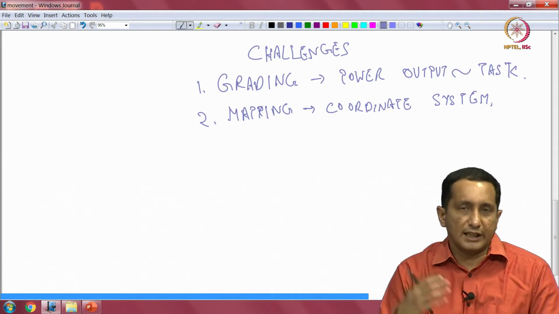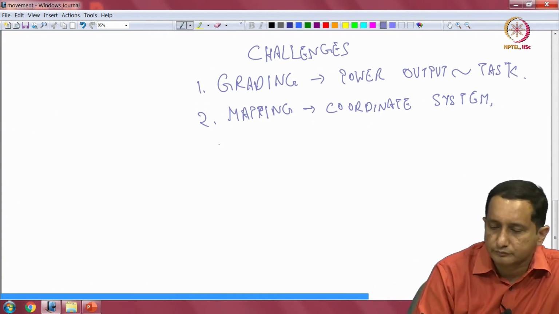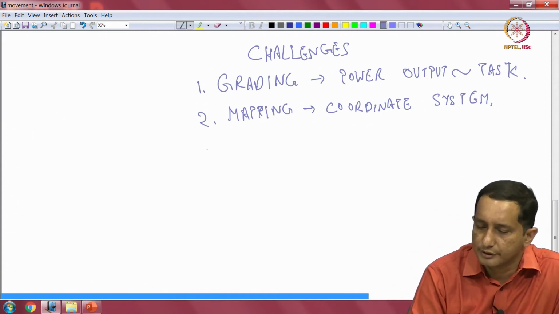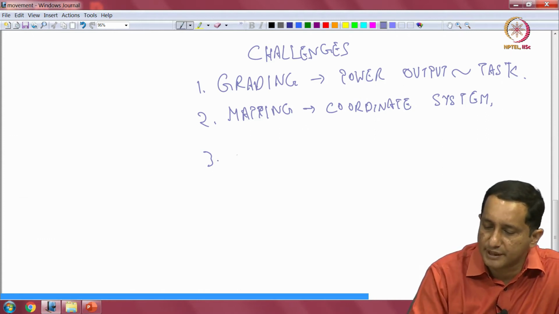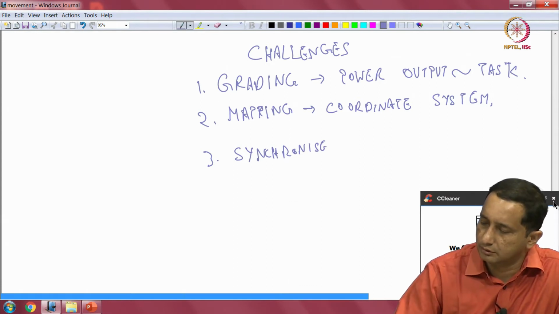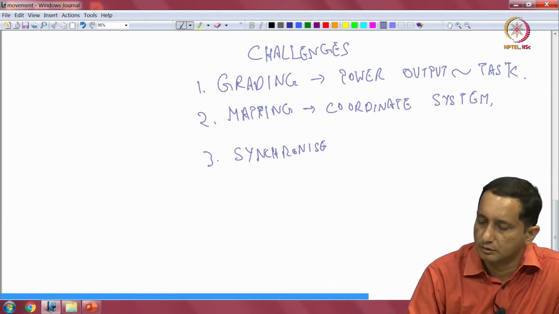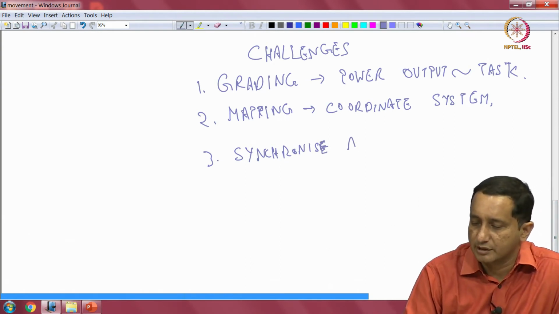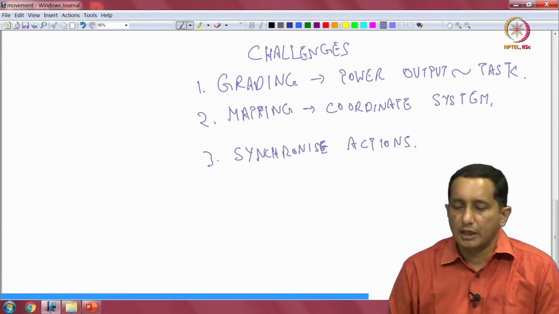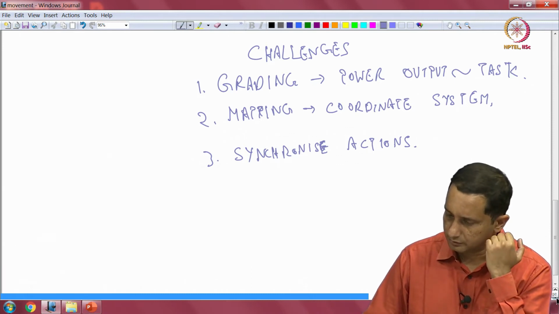So, you need a manifold, and within that manifold or coordinate system you need to perform these actions. Then you need to synchronize actions. And yeah, I think I will start out with each of these things and then progress on.